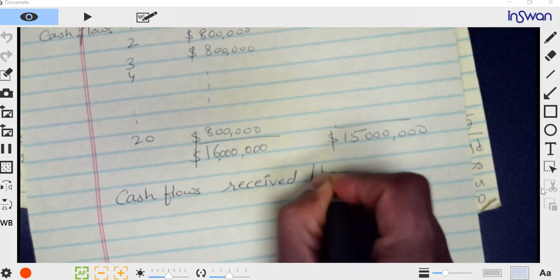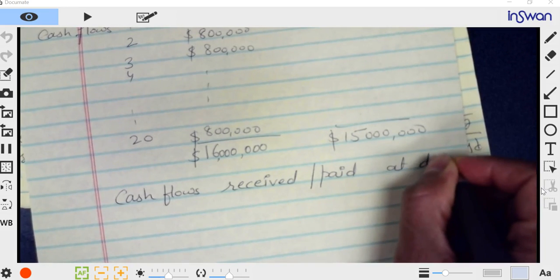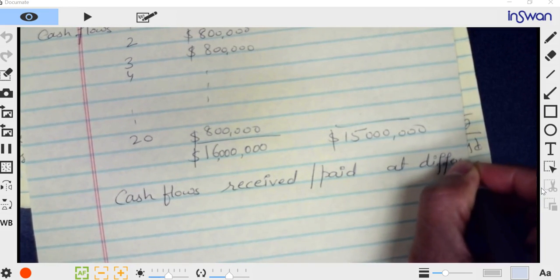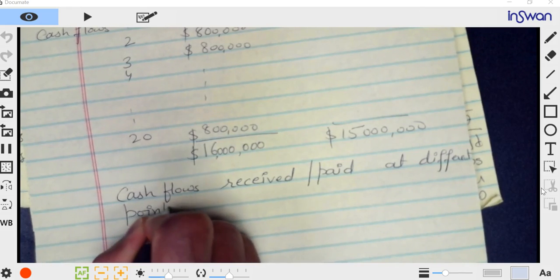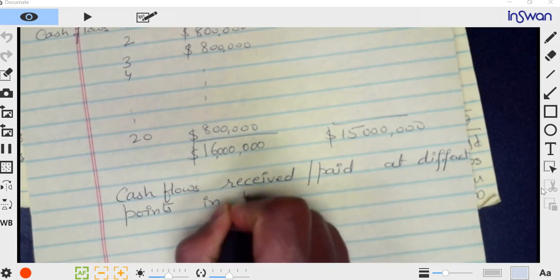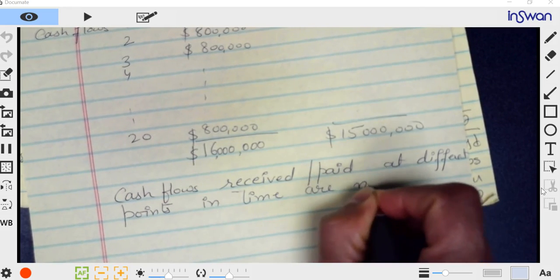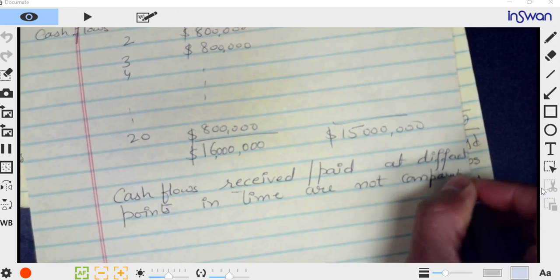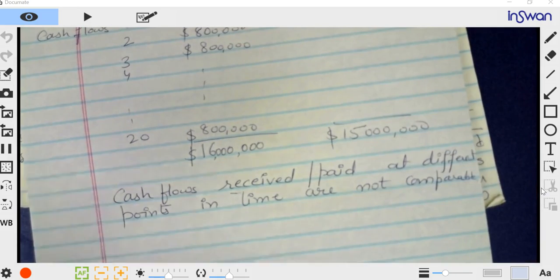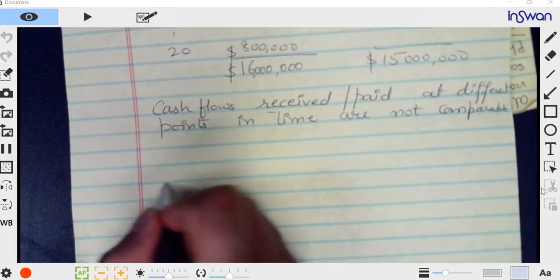Received or paid, whatever the situation is, if you want to compare these cash flows, you have to bring them to the same point in time.